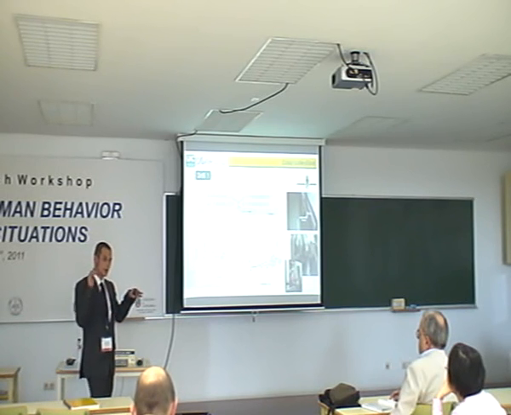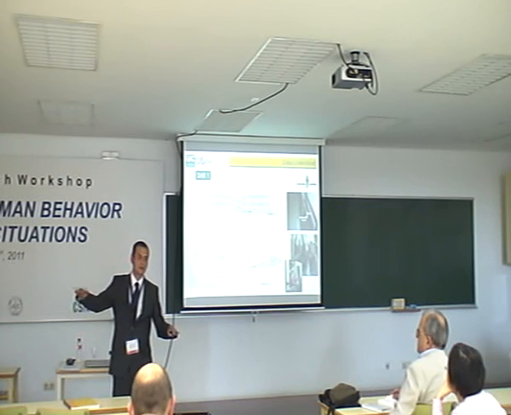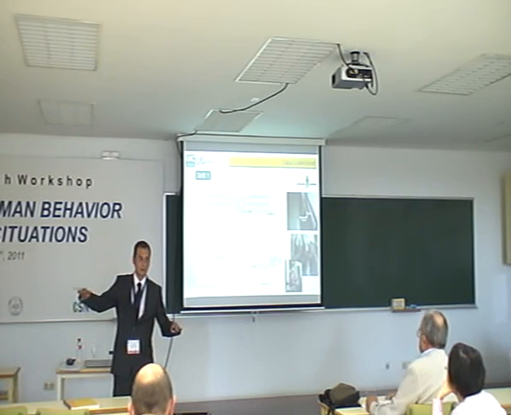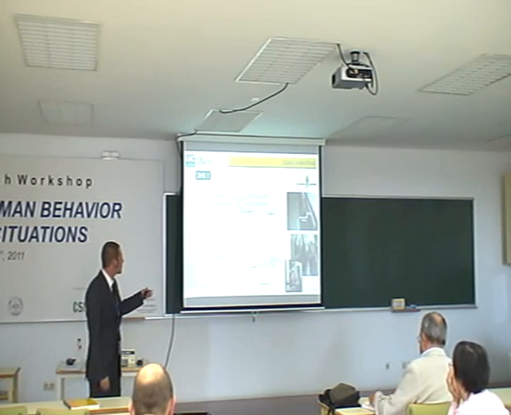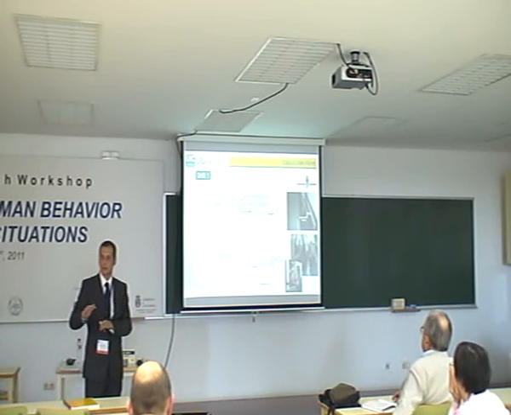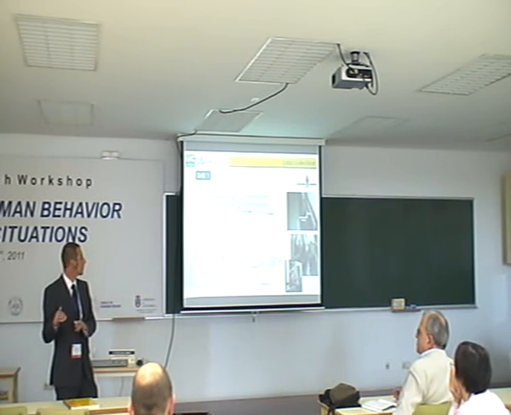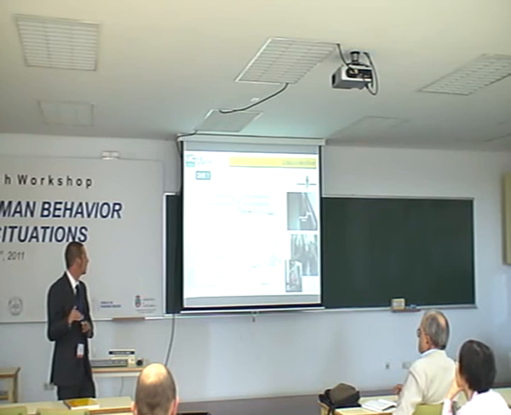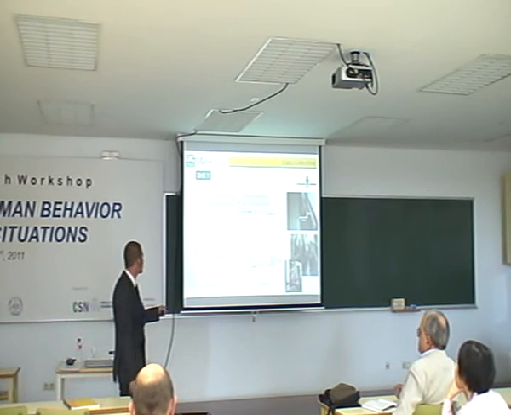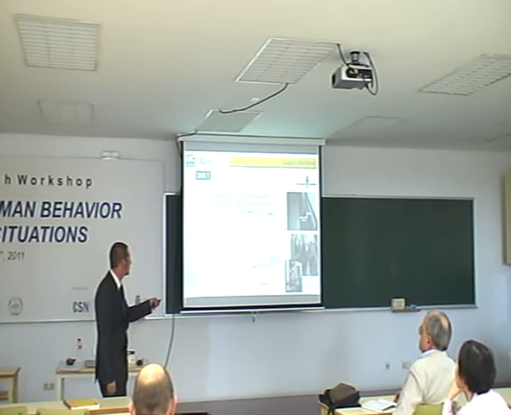The same train can stop in a station where the platform has the same level as the train floor, and you will even find different trains with different train steps. This has to be taken into account when we are calculating the evacuation conditions in this kind of train. In this case, the train step was 25 centimeters high, and the gap was 40 centimeters. There was a step here.